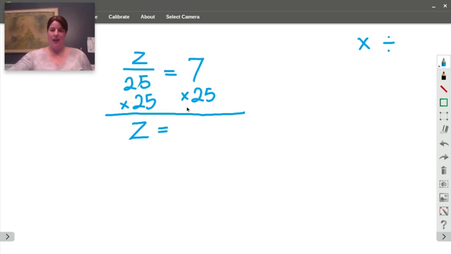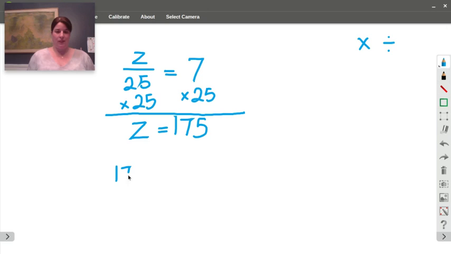And then on the other side, we have 7 times 25, which is 175. So the solution to this equation is Z equals 175.